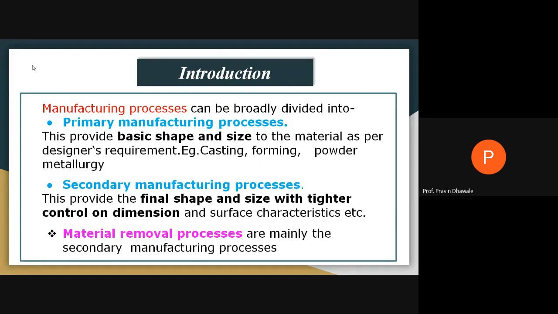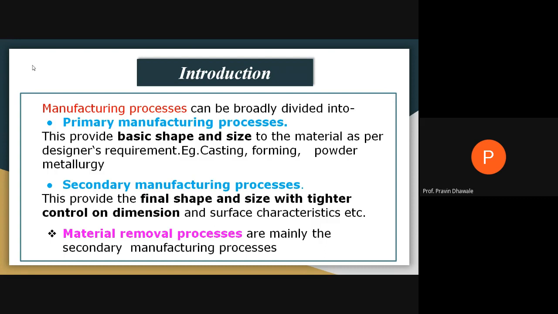Primary manufacturing processes are provided in order to give basic size and shape to the material as per the designer's requirement. Means by observing the drawing made by the design engineer, we can provide the shape as per the size to the workpiece.